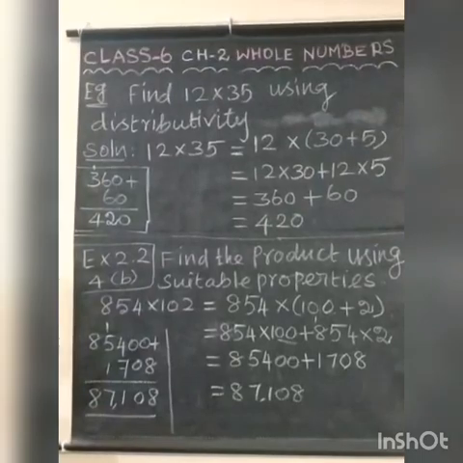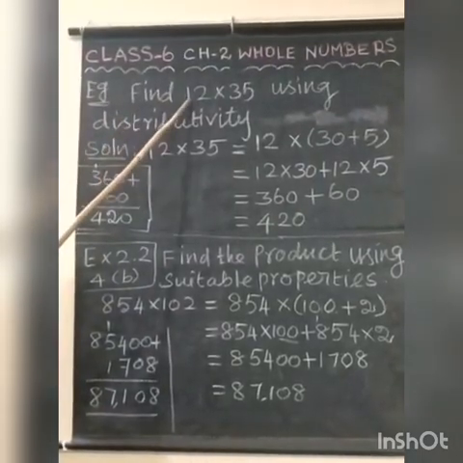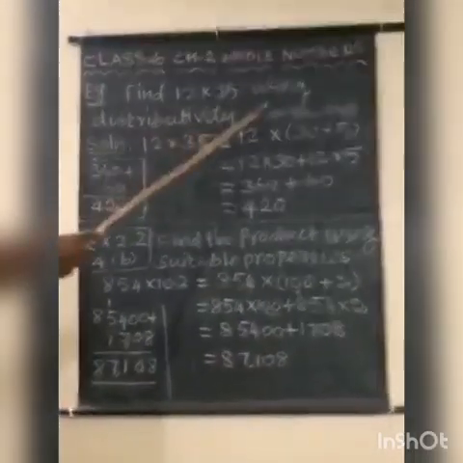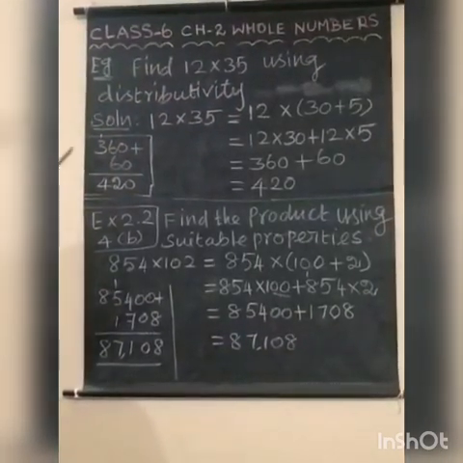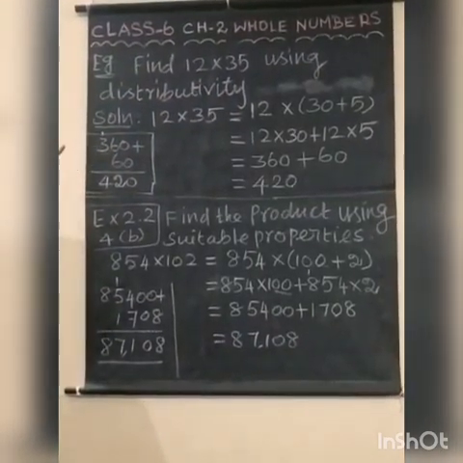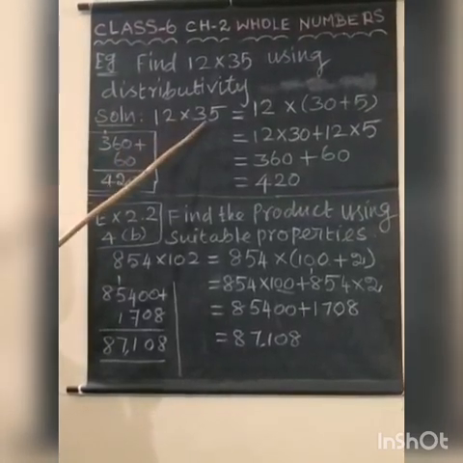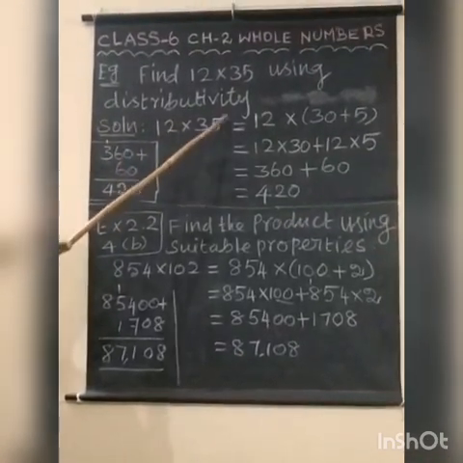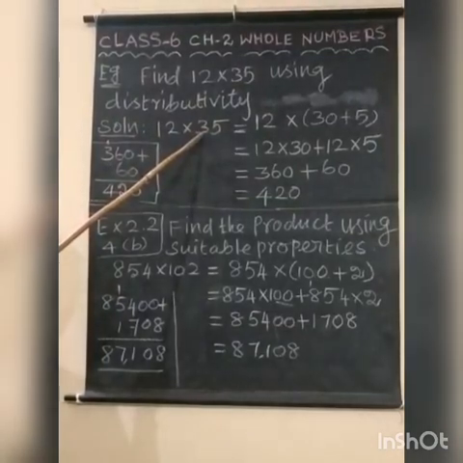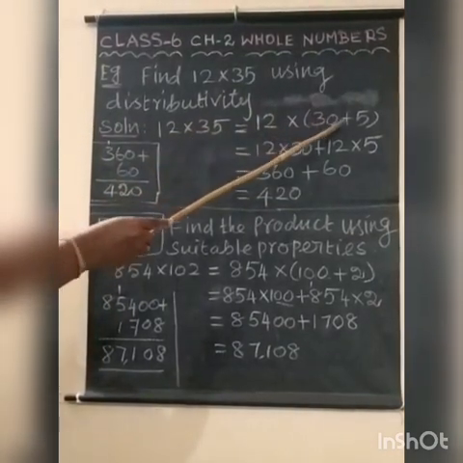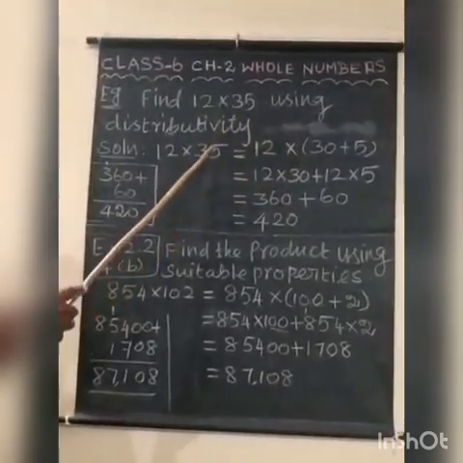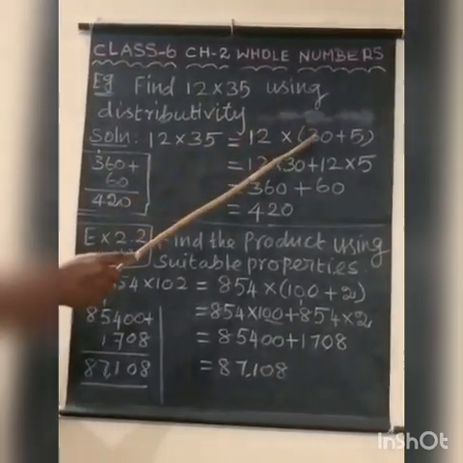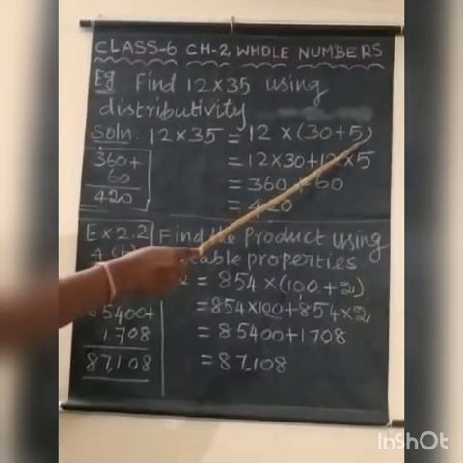Example problem. Okay. Find 12 into 35 using distributive property. Okay, solution: 12 into 35. Expand form of 35 is 30 plus 5.